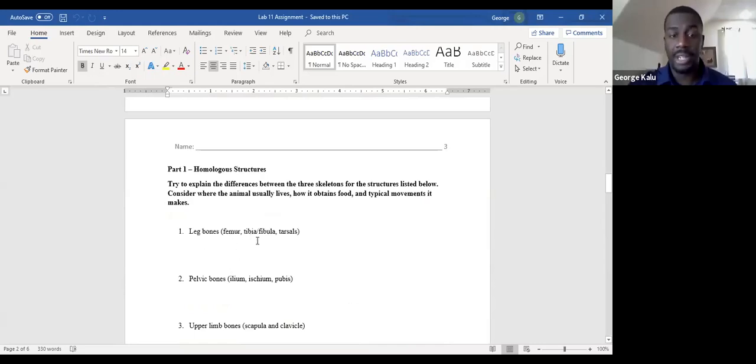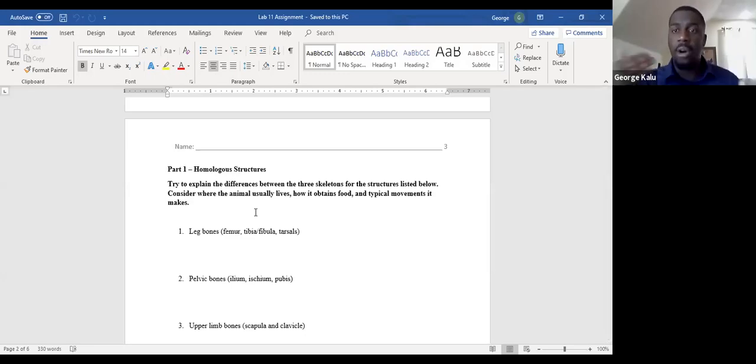You're going to look at their differences and try to identify why their bones might be built the way they are. For example, why would the leg bones of a cat be built differently than the leg bones of a chicken, which are built differently than the leg bones of a human? As you think about that, think about where the animal lives, how it gets its food, any typical movements it makes, what it has to do on a day-to-day basis.